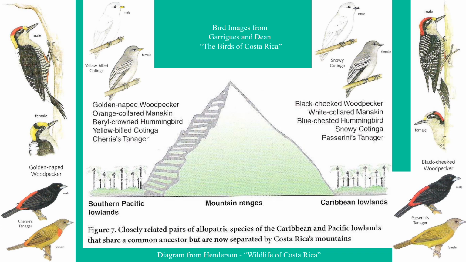Since then, ornithologists have lumped them back together as a common species based on behavioral studies that are looking at the ability of the birds to respond to the mating calls of the males. And you can see the female of the Sherry's tanager, orange on the breast, versus more drab in color on the Caribbean lowland side for the Passerinis. Currently, they're classified as two separate subspecies as part of the same species.